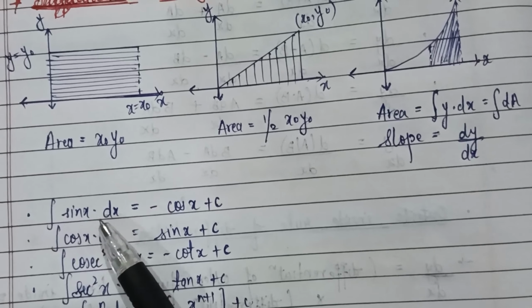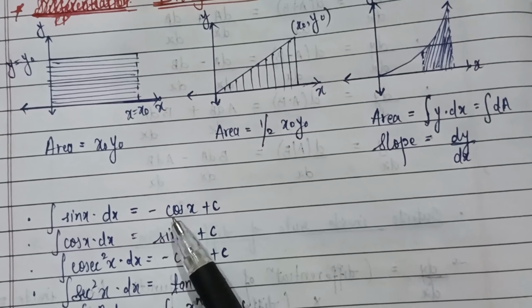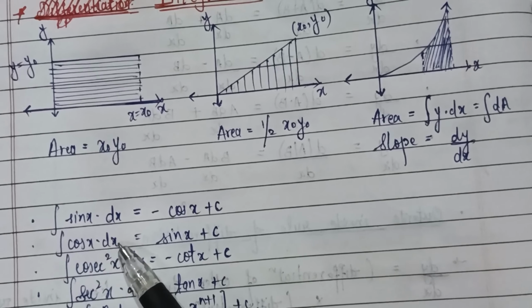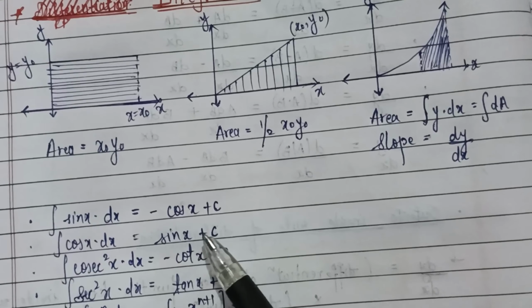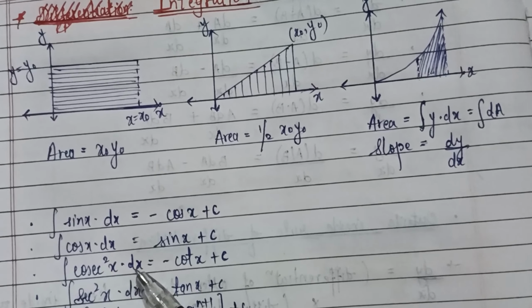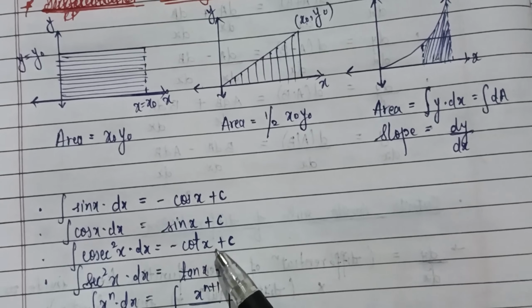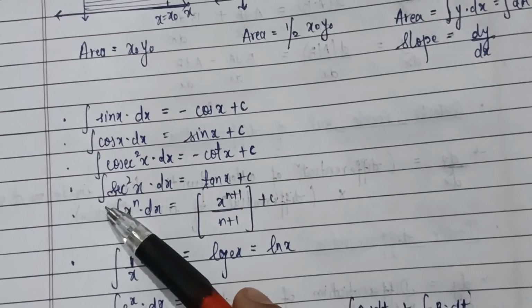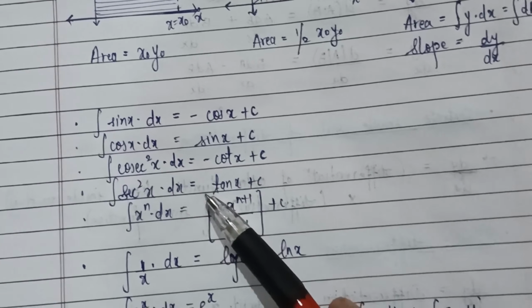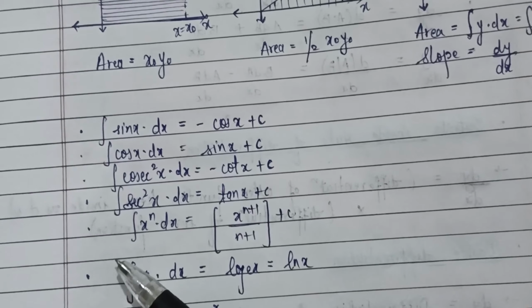Integration of sin x dx is equal to minus cos x plus c. Integration of cos x dx is equal to sin x plus c. Integration of cosec square x dx is equal to minus cot x plus c. Integration of sec square x dx is equal to tan x plus c.